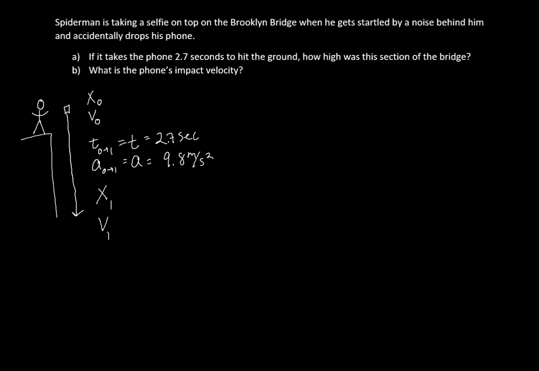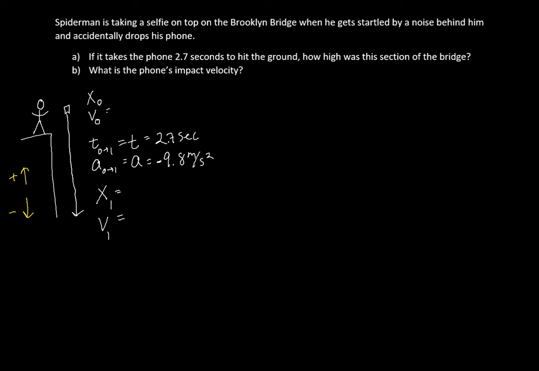Remember, it doesn't matter what you call up. Up might be negative, up might be positive. It's all arbitrary and it's decided by you. Since most people are comfortable saying that down is negative and up is positive, let's stick to that notation, which would mean that our acceleration due to gravity, because it's pulling it down, is going to be negative.